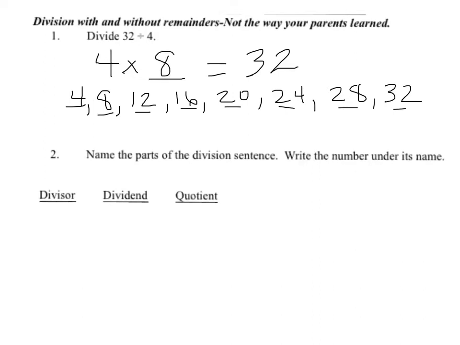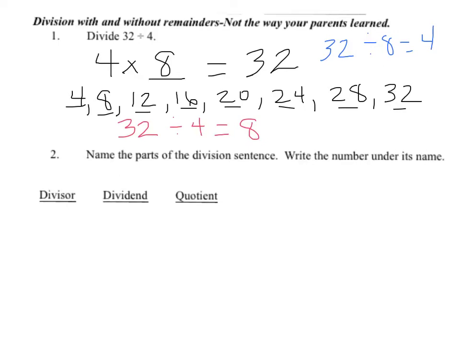So 4 times 8 is 32, which means that 32 divided by 4 equals 8 because it's a fact family. We could have also said 32 divided by 8 equals 4. Why? Because we could have said 8 times 4 is 32. It's all because of the commutative property.